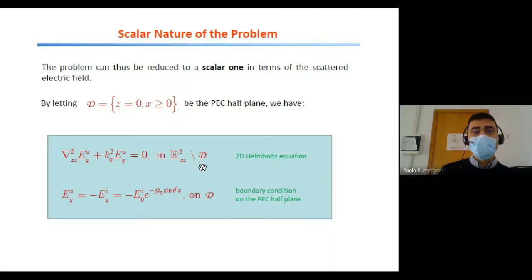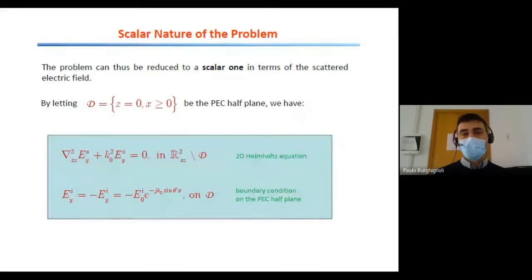Okay, here in the two-dimensional xz plane, without the points on the perfectly conducting plane, what we need to solve is a classical two-dimensional Helmholtz equation for the electric field, or even for the scattered electric field only. And the scattered electric field must be equal and opposite to the incident field on the half plane. So in the domain D, the electric field, which is tangential to the perfectly conducting half plane, must be 0.